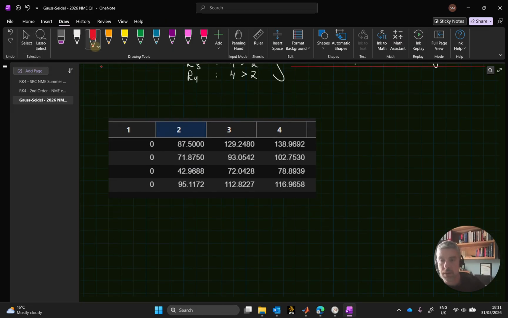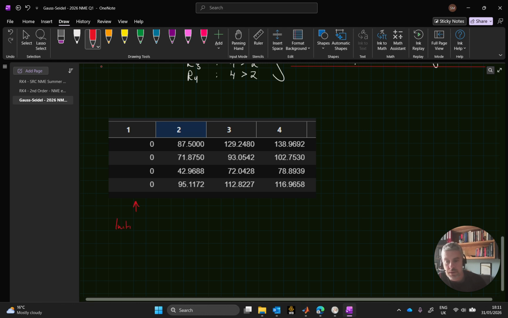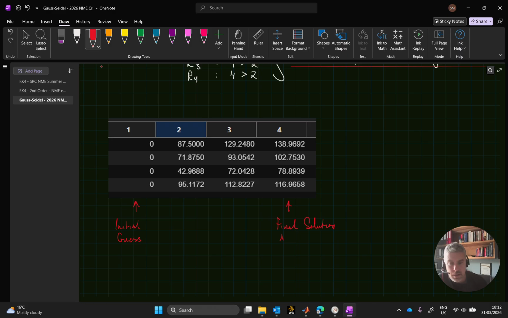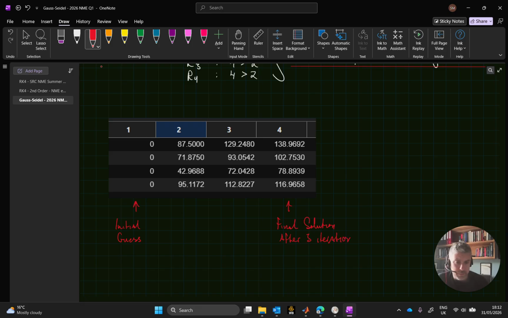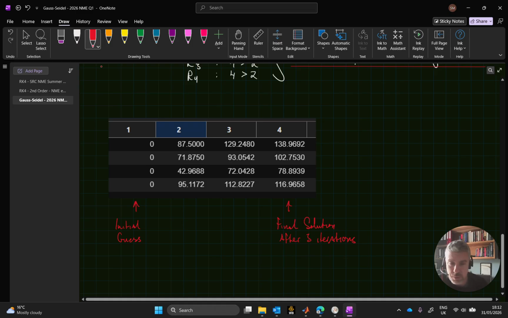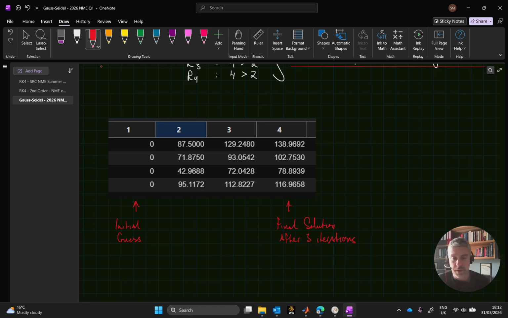This is our initial guess, and this is our final solution after 3 iterations. Now clearly we should have kept iterating. These are not the temperatures. It's too big of a jump to say that we are anywhere near the final temperatures.